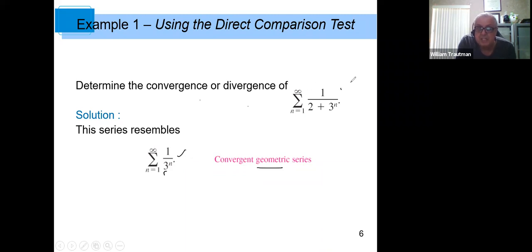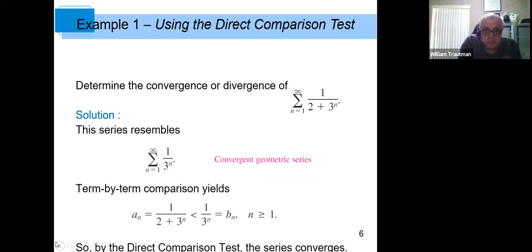But this is not a geometric. But they're so similar, we can compare them. We're going to use the direct comparison test. So if we look here, we're calling this A sub n, and we're calling this one B sub n.